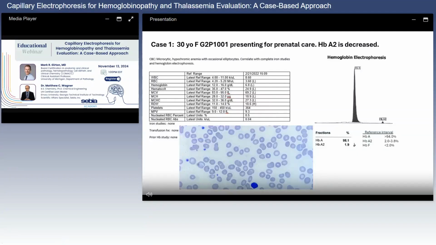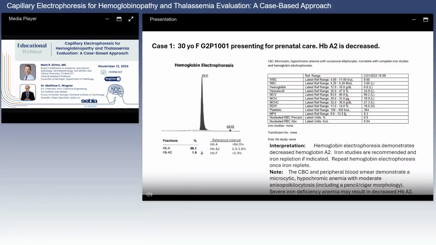So we have a microcytic hypochromic anemia with occasional elliptocytes, and the interpretation says correlate with complete iron studies and hemoglobin electrophoresis. This patient had no current iron studies, no known transfusion history or prior hemoglobin study. So the only abnormality here, again, is the slightly decreased A2.